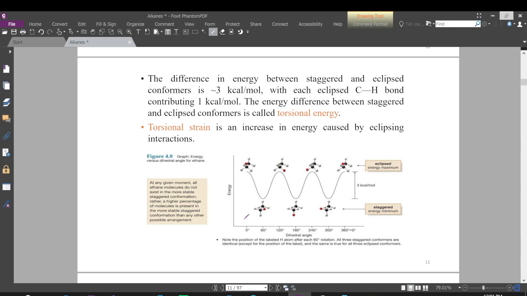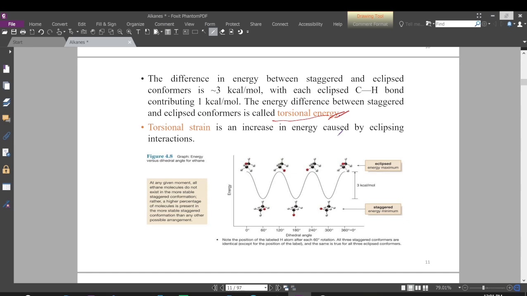The energy difference between the staggered and eclipsed conformations is called torsional energy. This is important. So what is torsional energy? The energy difference between the staggered and eclipsed conformations is called the torsional energy, about 3 kilocalories per mole.